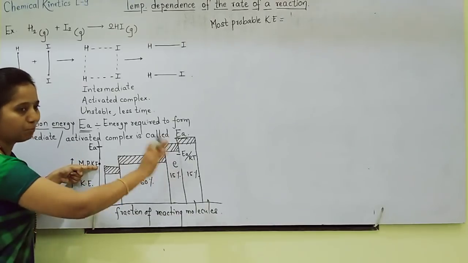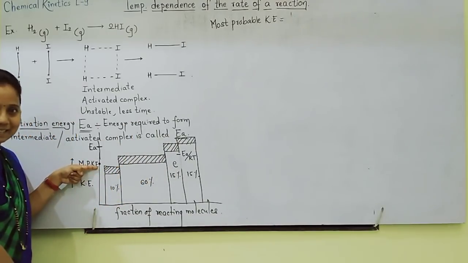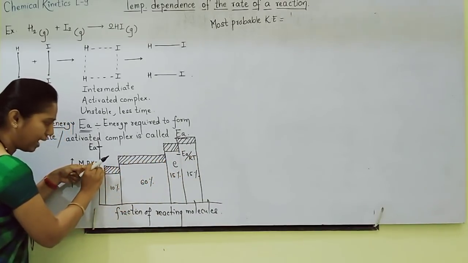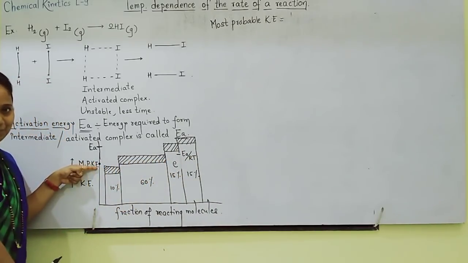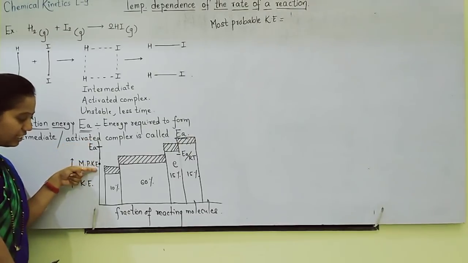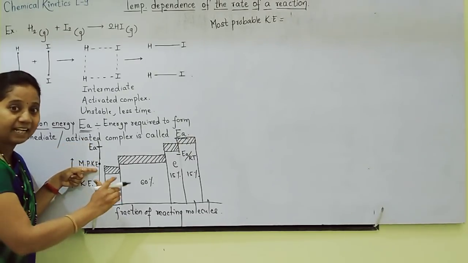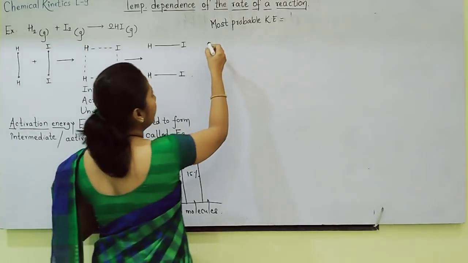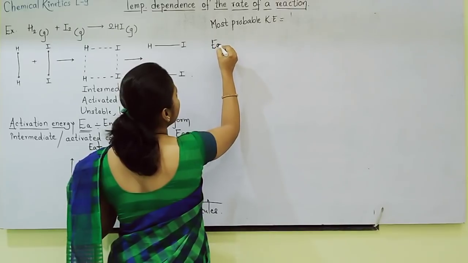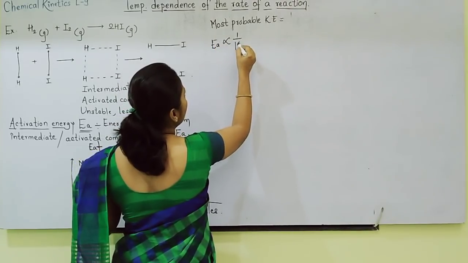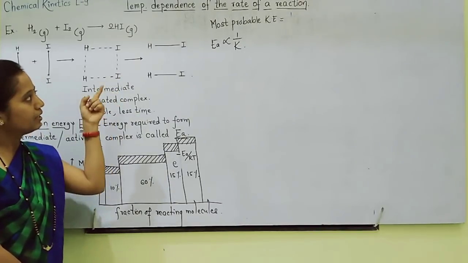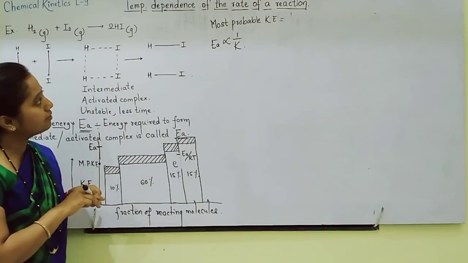You will say that maximum molecules will get converted into products, because all molecules' kinetic energy will match with activation energy. So whenever activation energy decreases, rate of reaction increases. So the relationship is activation energy is inversely proportional to K. Remember this one.